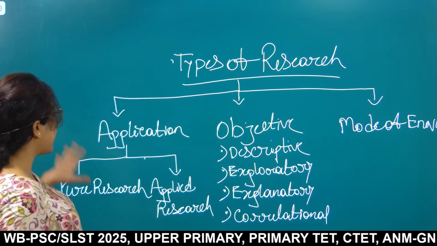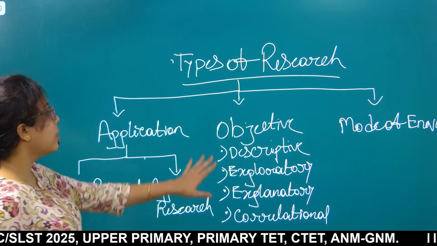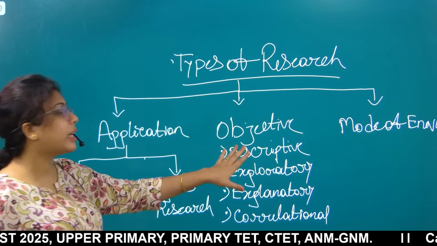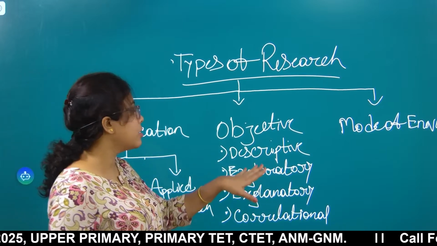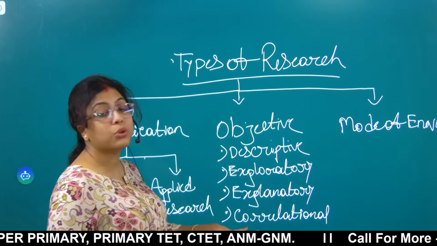So first, application based research has two divisions, pure research and applied research. On the basis of objective, there are four types of research: descriptive, exploratory, explanatory, and correlational.